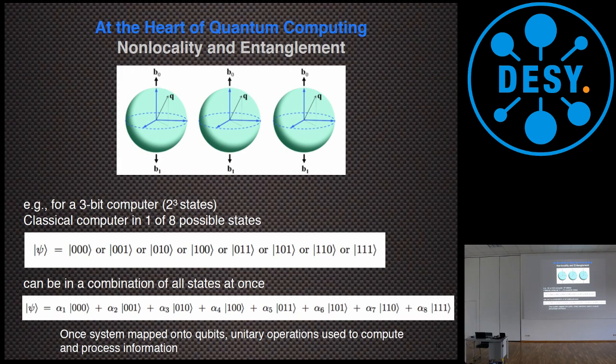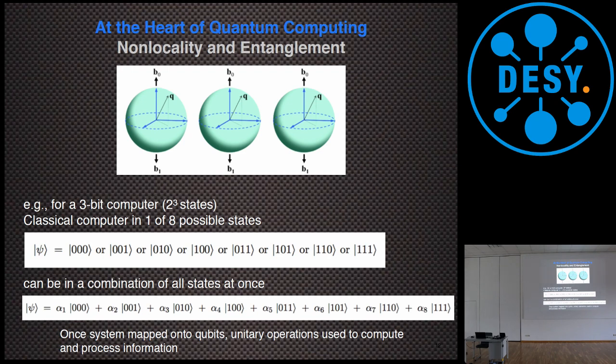So, for instance, consider a quantum device or both a classical and a quantum computer made of 3 bits. So I've got a picture here. These are qubits. For instance, this could be an electron or any other spin half system, and one is able to perform quantum unitary operations on this system. If you have a classical computer and you have 3 of these bits, then your classical computer can be in any one of these 8 states.